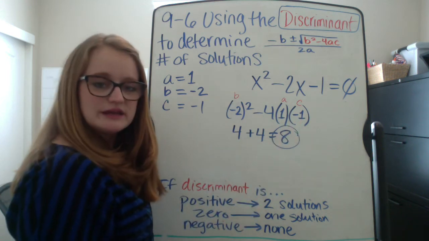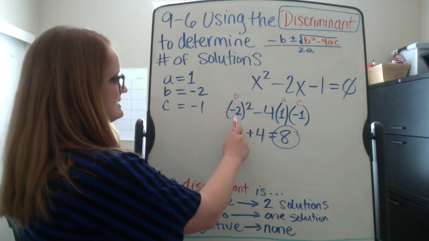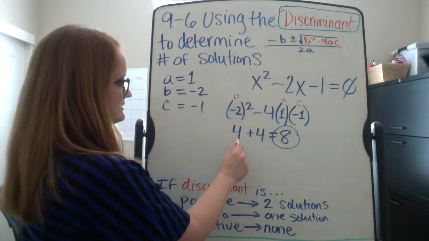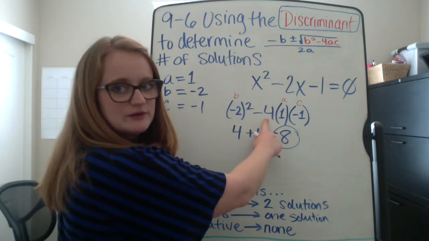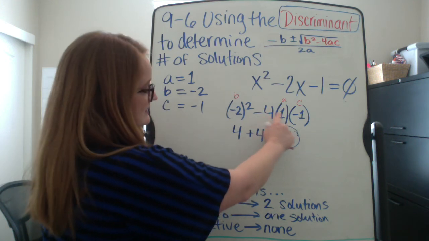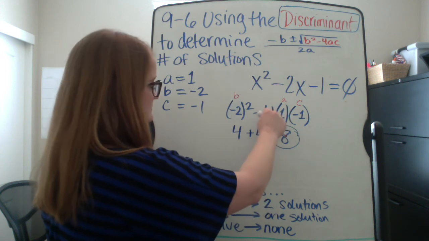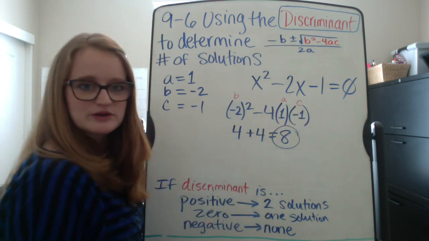And then I just calculate using PEMDAS. The first thing I'm going to do is the exponents. Negative 2 raised to the second power, or squared, is positive 4. Then remember I told you in the other video, for negative 4, 1, and negative 1, you can just think of multiplying all three of those numbers and then write it in there with the correct sign.